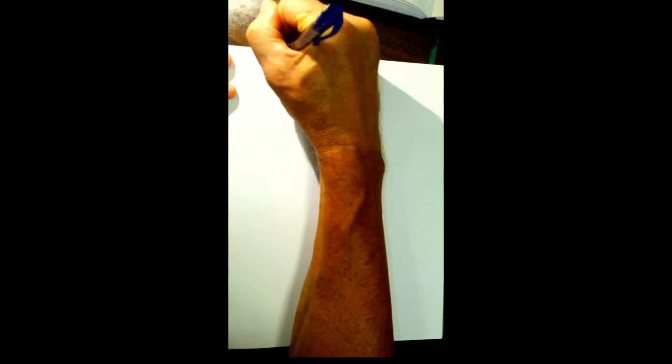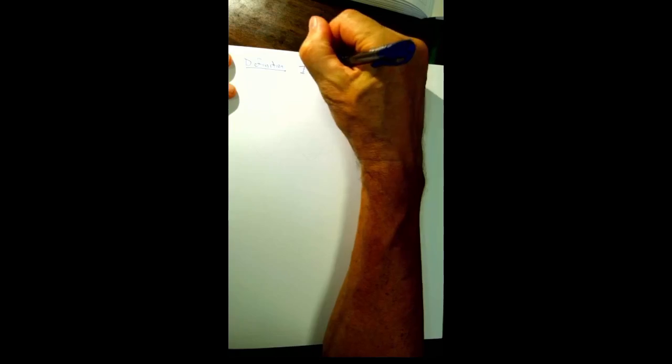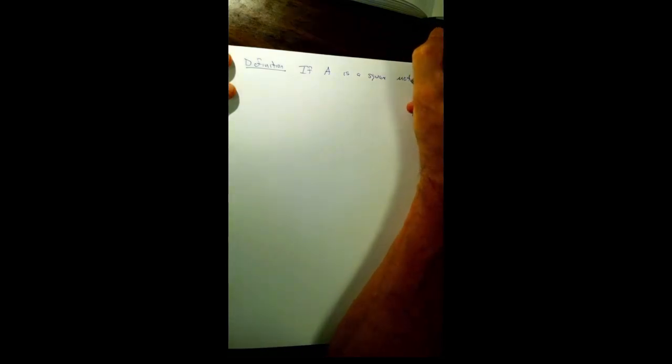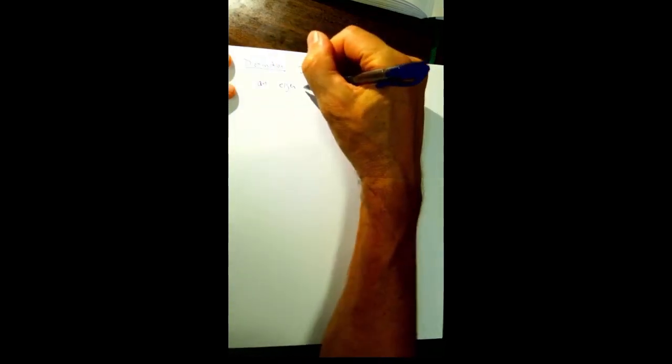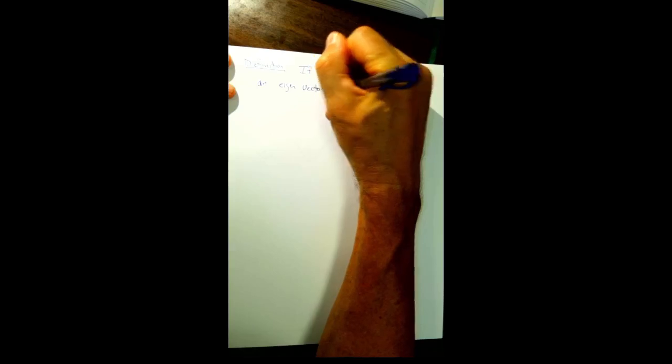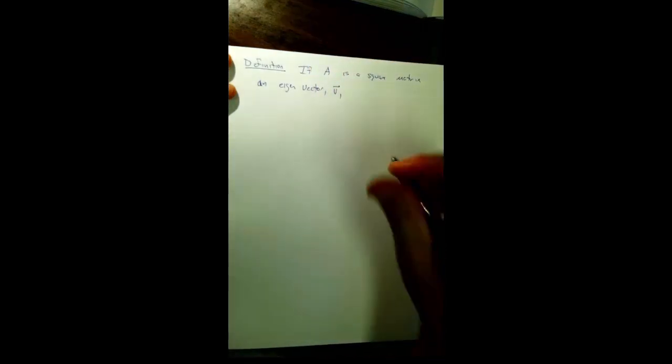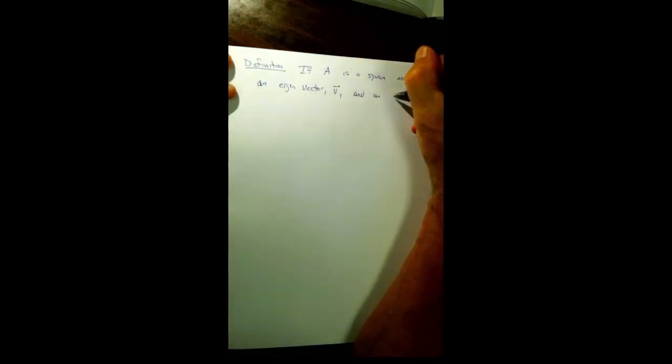So let's define this thing. So we have this new thing. And the idea is we're given a square matrix. So if A is a square matrix, so this is something we're given, I'm going to define something called an eigenvector. We'll call it v for now. And an eigenvalue, and we're calling that lambda.